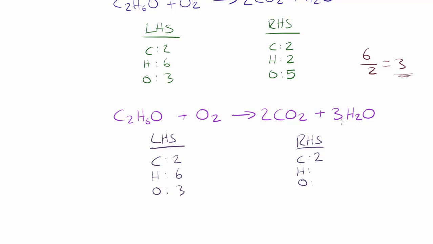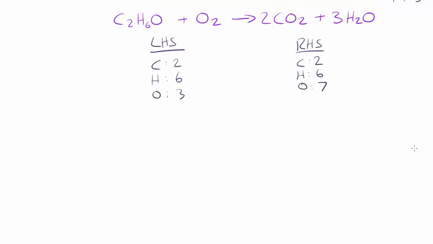So we know what we were aiming for here, and it's going to be 6, right? 3 times 2, right? But for oxygen, we have to consider this and add it to what we've got over here. So we've got 4, so it's going to be 4 plus what we've got here. So that's going to be 3 times 1, so it's 4 plus 3, right? Which is going to give us 7, right?